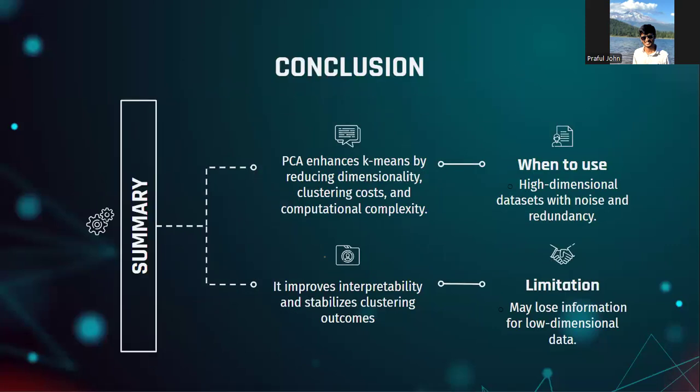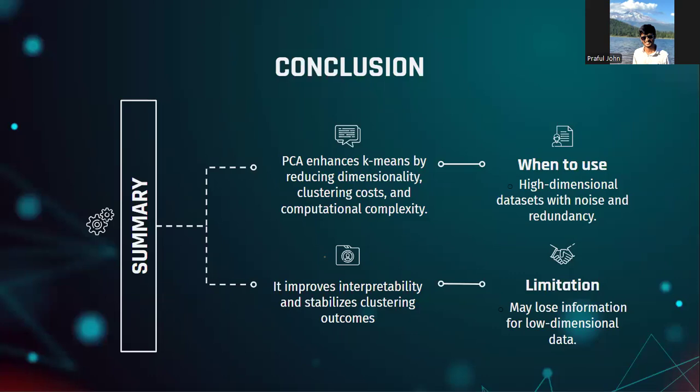Now we'll look at the conclusion. To conclude, PCA enhances k-means by reducing dimensions, and it reduces the clustering cost and the computational complexity as well. It also improves interpretability and stabilizes the clustering outcomes.